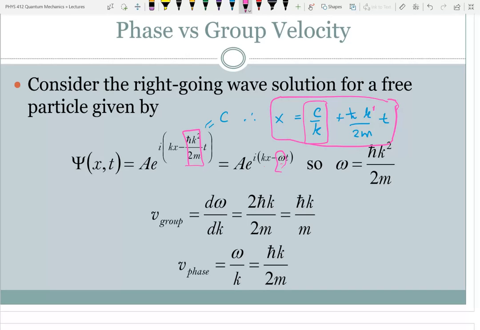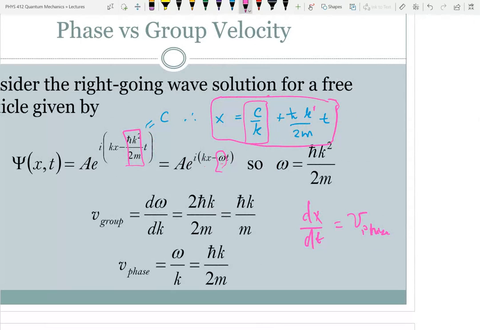If I take this equation that I found here, the one in the magenta, and take dx dt, dx dt by definition is v, the phase velocity.